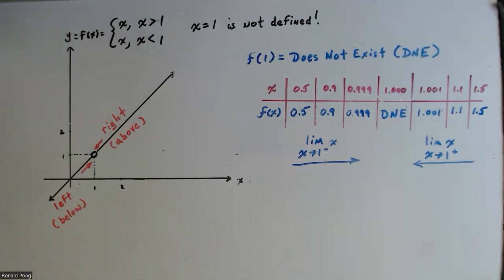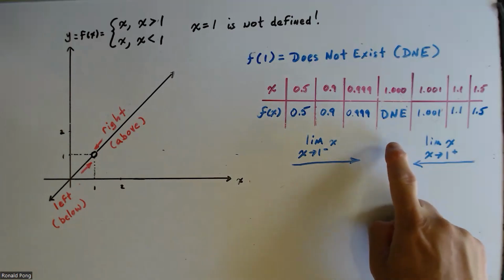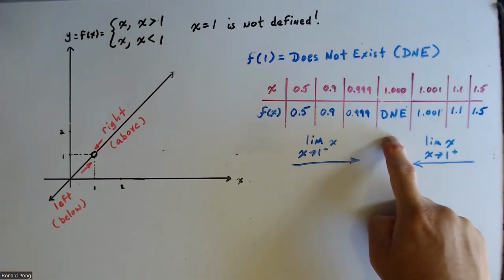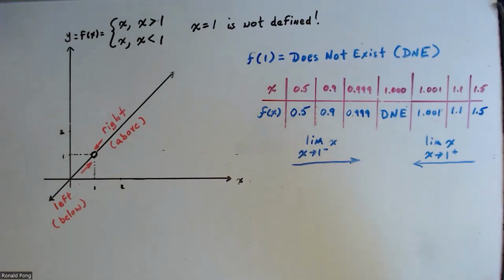Here's the same concept for our piecewise function, which is not defined at x equals 1, written out as a familiar algebra 1 type t-table. Again, we note that at the value of x equals 1, f of x doesn't exist.